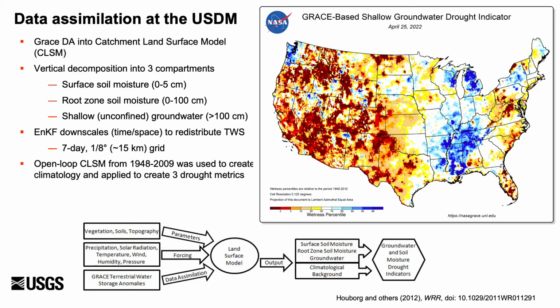To increase record length and develop more robust percentiles from the relatively short GRACE mission, which just began in 2002, a bias-adjusted open-loop climate land surface model was developed using different meteorological forcings to create a full climatology over the 1948 to 2009 simulation period. This GRACE data assimilation product now provides weekly percentiles of shallow groundwater drought at about a 15-kilometer spatial resolution, and it's used in the U.S. Drought Monitor Program.